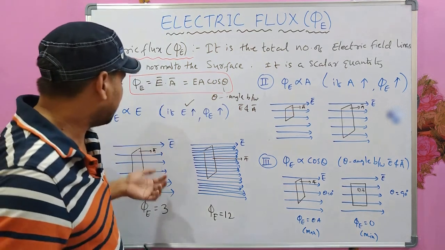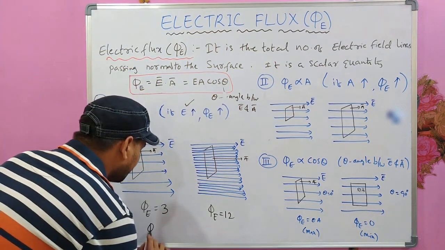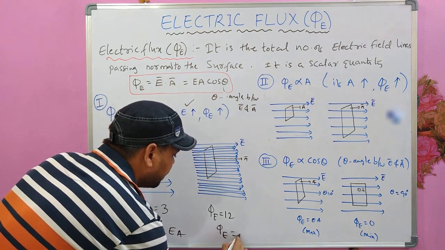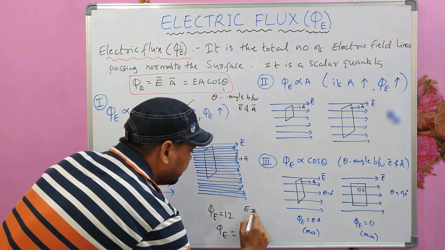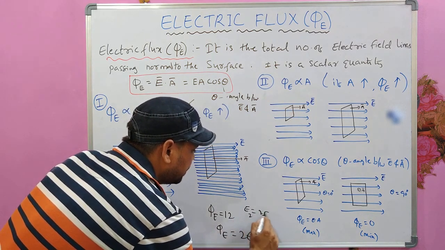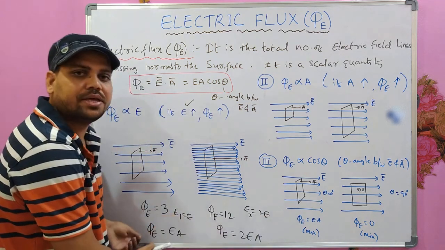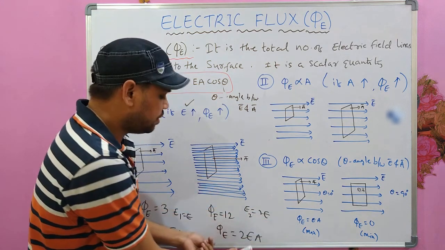So you can also say, if this is phi equal to EA, here it will be phi equal to 2EA, if the electric field here, E2, is 2E and E1 is E. If here it is E, it will be EA. Here if E2 is taken as 2E, it will be 2EA.